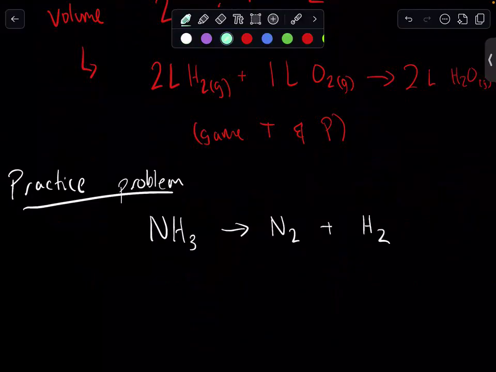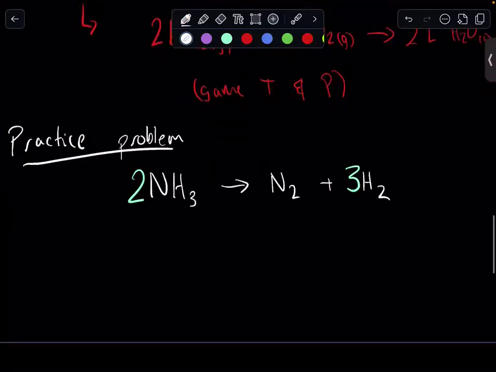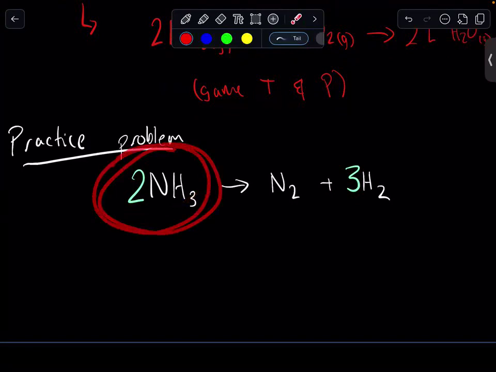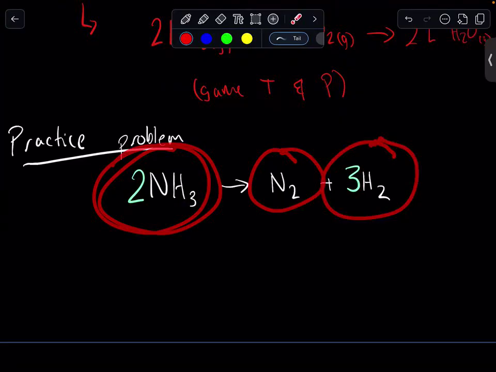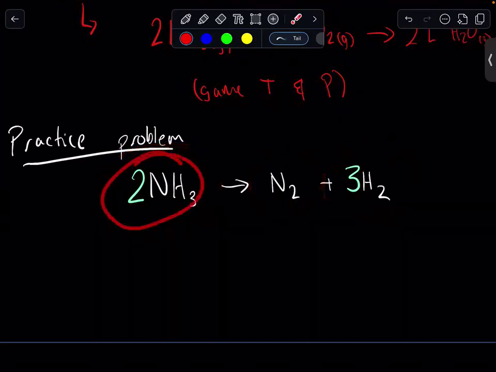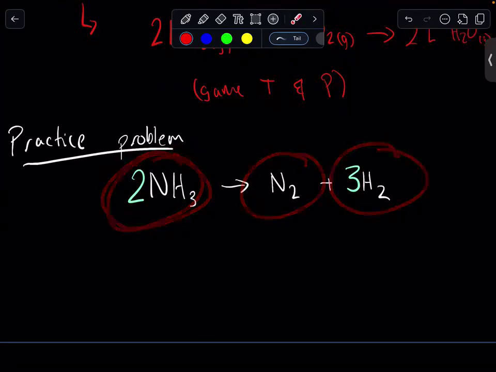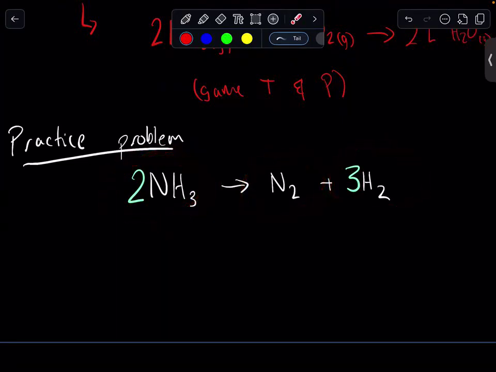Specifically, it decomposes with very specific coefficients, which we'll learn how to balance later, but we have a 2 and a 3. So 2 moles of ammonia decomposes into 1 mole of nitrogen and 3 moles of hydrogen. Or because of Avogadro's law, 2 volume units make 1 volume unit to 3 volume units, and it doesn't matter what the volume unit is.